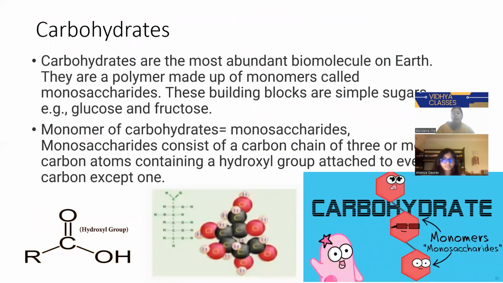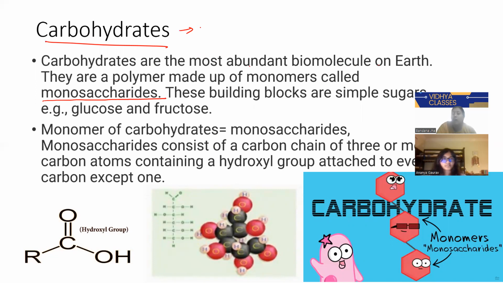Now, let's study the details of carbohydrates. Carbohydrates are made up of monomers known as monosaccharides. Carbohydrates are the most abundant biomolecule on earth.